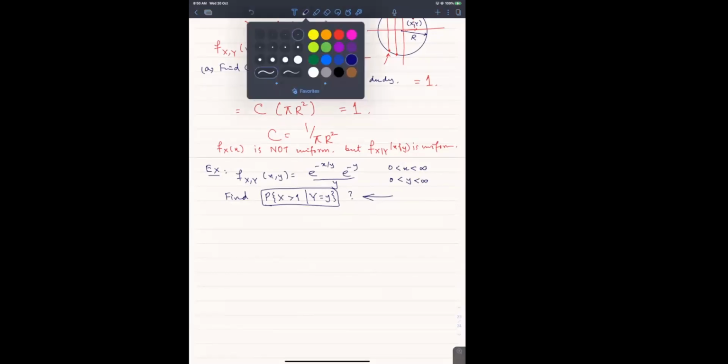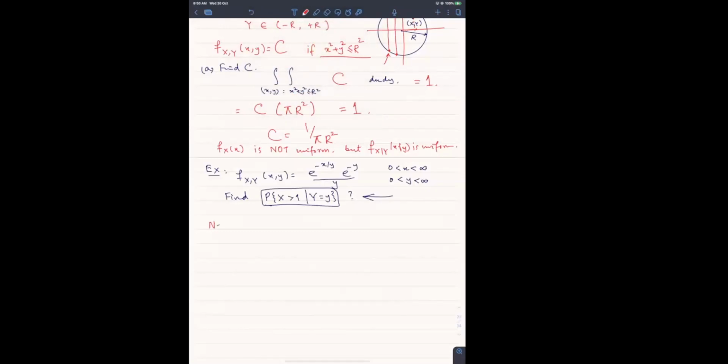To solve this, I need to find f x given y, which we have seen is given by the joint of x and y divided by the marginal of y. So we do know the joint of x and y, but we don't know the marginal of y. But we can find the marginal of y.